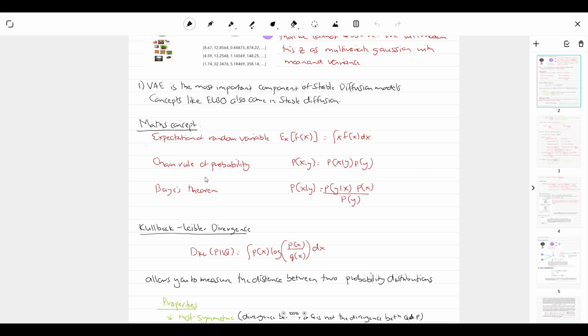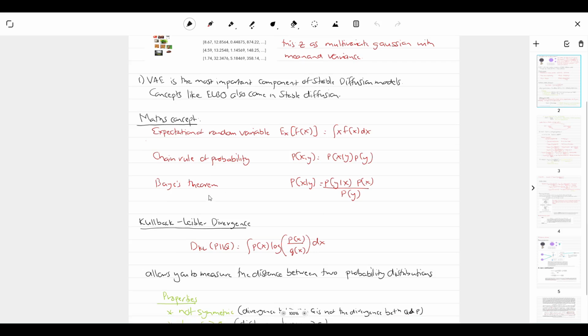The second is the chain rule of probability. This rule shows how to express the joint probability of two events, p(x, y), using conditional probability, and the formula is given here. It means the probability of x and y both happening is the probability of y happening multiplied by the probability of x happening given that the event y has already happened.